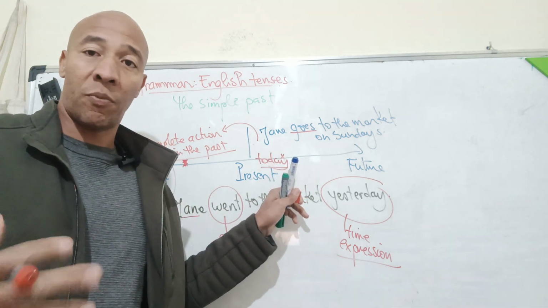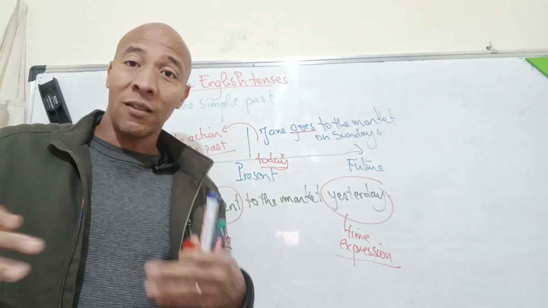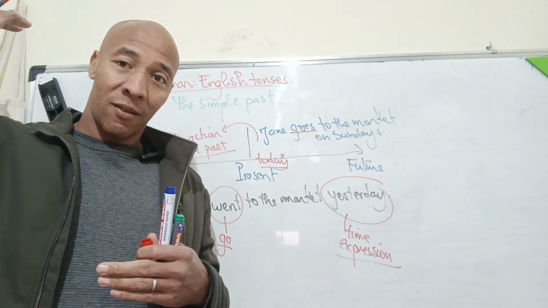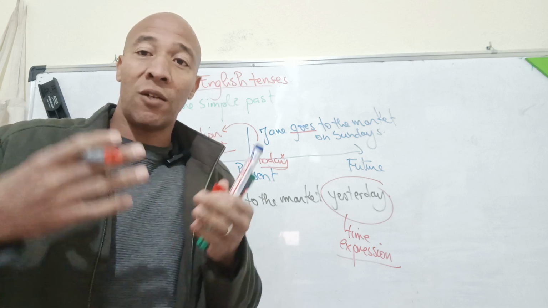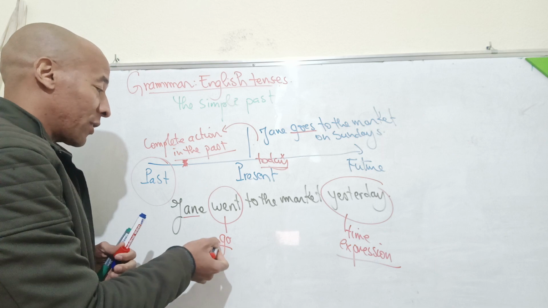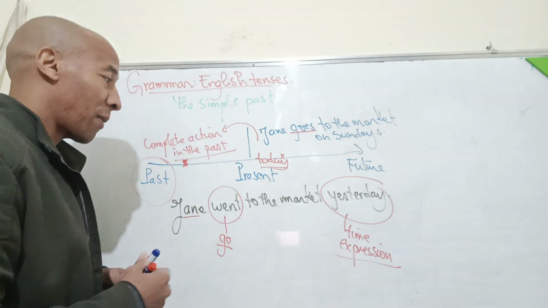It takes place in the present. But yesterday, we'd say that Jane went. It means she was at the supermarket yesterday. So Jane went to the market or to the supermarket yesterday.